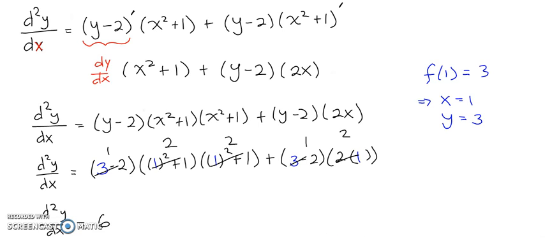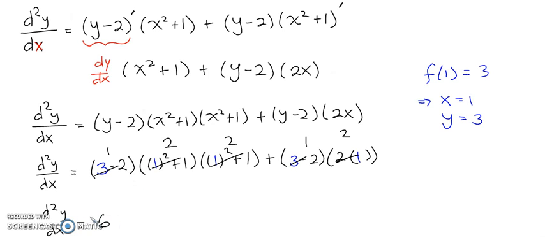Now we have to answer whether it's concave up or concave down, and this is real easy because this came out to positive 6. When the second derivative is positive, the function is concave up. So in this case, it's going to be concave up because this second derivative came out to be positive.